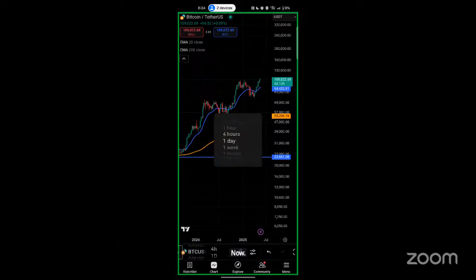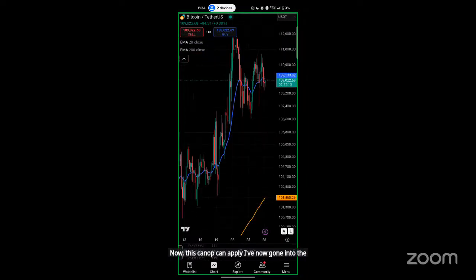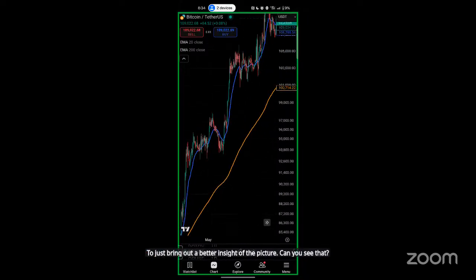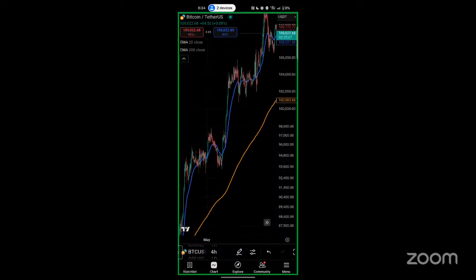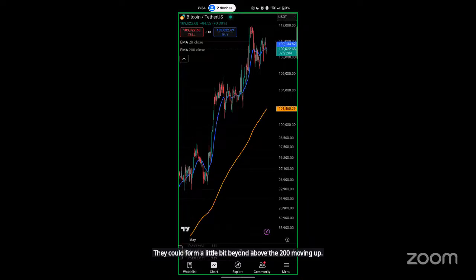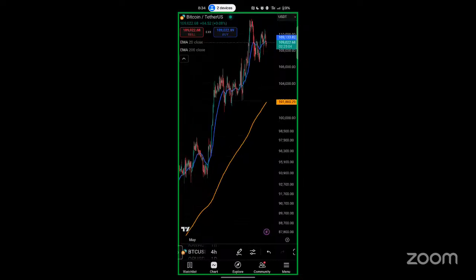Now, this can apply. I've now gone into the 4-hour time frame to bring out a better insight of the picture. Can you see that? They could form a little bit below, while being above the 200 moving average. Does that make sense?